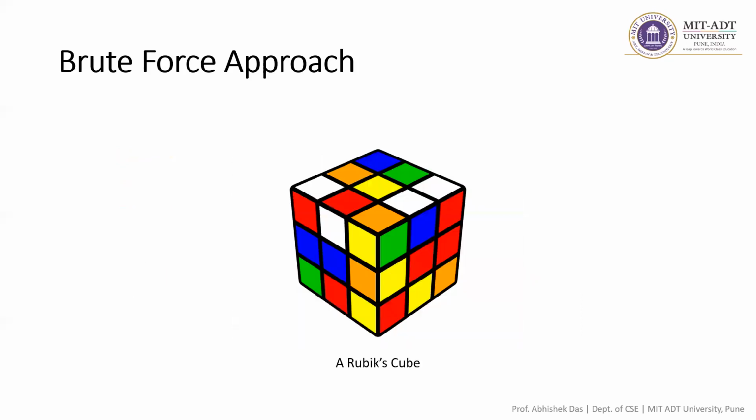But let me take up another problem, and that is, let's say, solving a Rubik's cube. Now it has got 6 faces. I think all of you are familiar with this Rubik's cube, which has 6 different faces and 6 colors.